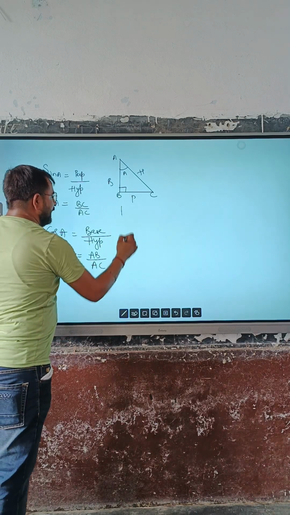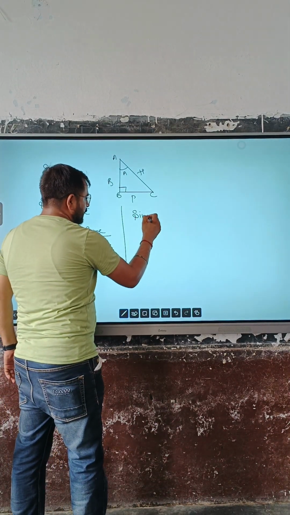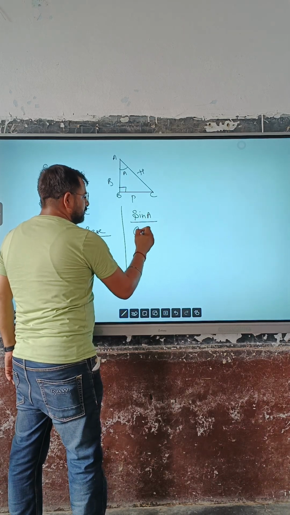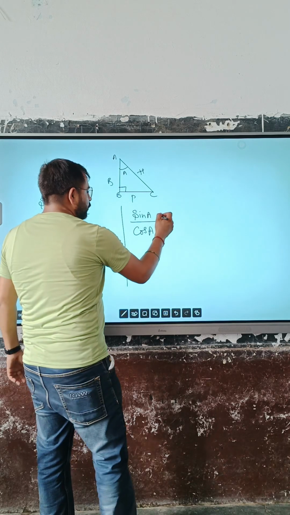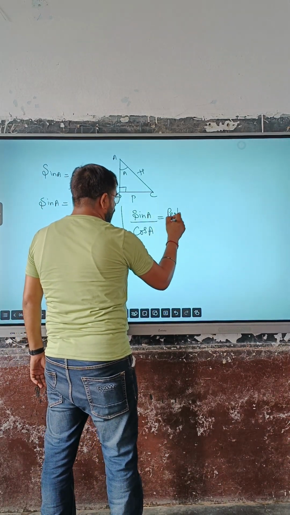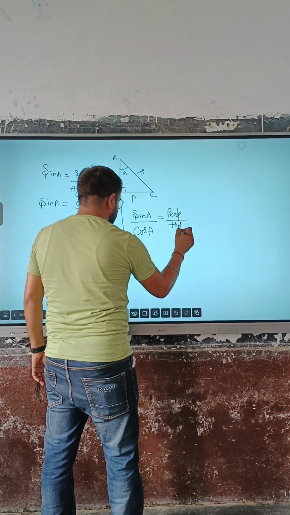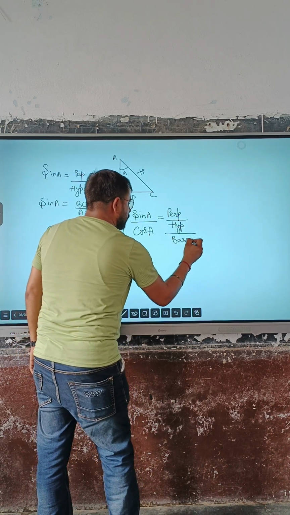When we divide sine of angle A by cos of angle A, sine is equal to perpendicular upon hypotenuse, and cos is equal to base upon hypotenuse.